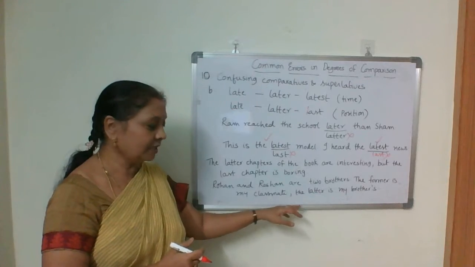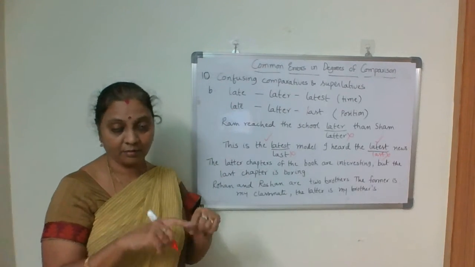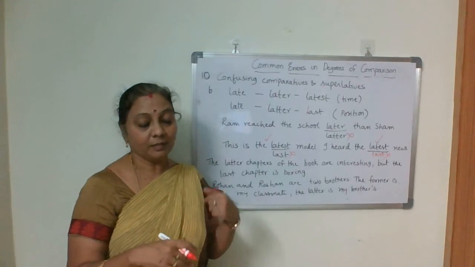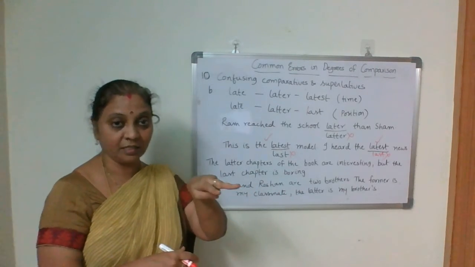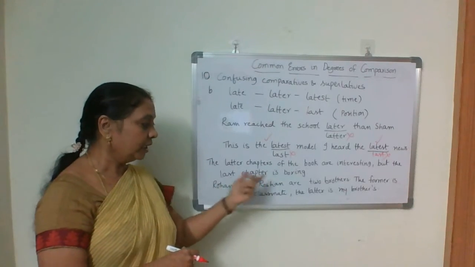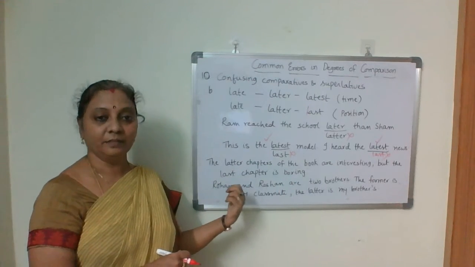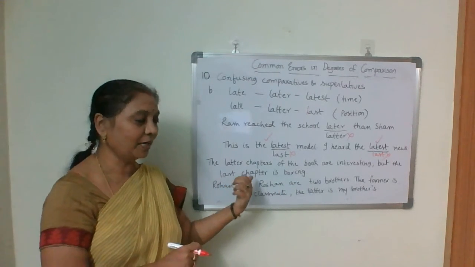Then in such cases, how do you write? Whenever you are using the former and the latter, former means the first one, the latter means the second one, when you are talking about two people. So Rohan and Roshan are two brothers. The former is my classmate, the latter is my brother's.